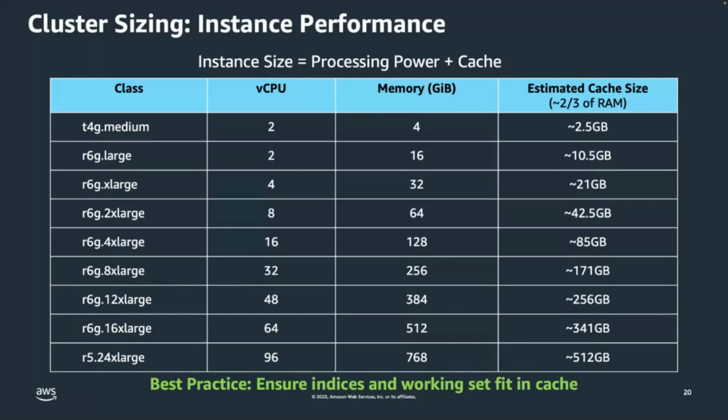Also keep in mind that the amount of cache available for your working set, that's your frequently accessed data and index, is 2/3 of the available memory of the instance. So if you take an example of an R6G 12xlarge, a 384 gigabyte machine, only 256 gigabytes are available for your working set. The remaining 1/3 is used by the operating system and database processes. So when it comes to selecting an instance, the best practice is to make sure the index and working set fit in memory.